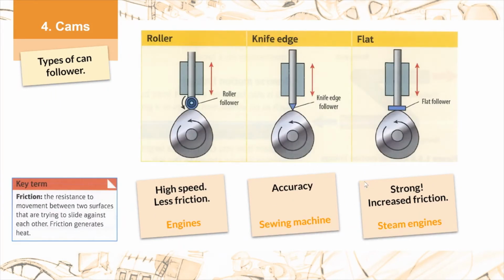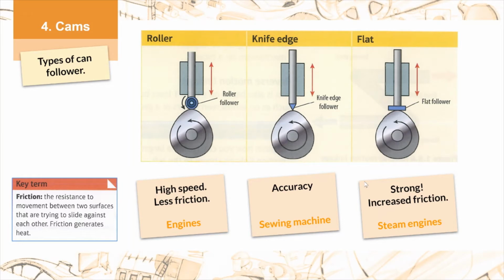Now let's spend just the last little bit of time looking at the cam follower, the thing that sits on top and moves up and down. Now there are different types of cam follower. These are not in those toys that we've just been looking at, the turny handle toys, but when we're looking at using them in machines like steam engines and car engines, they have different types of cam followers.